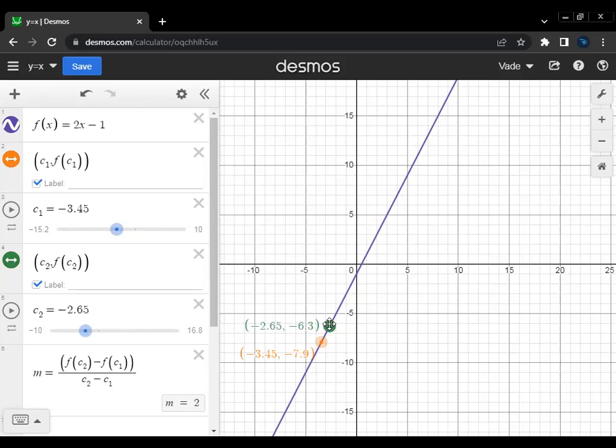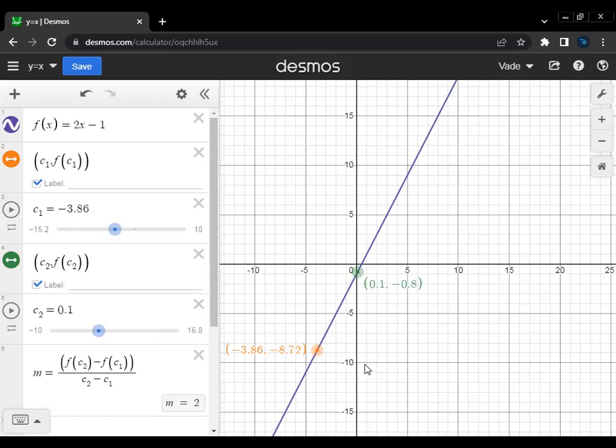And if you're going to get the slope, you can use a point that is close to another point, or further away, because no matter how far these two points are, the answer is still the same. This one results in 2, this one results in 2, so the slope is still 2.